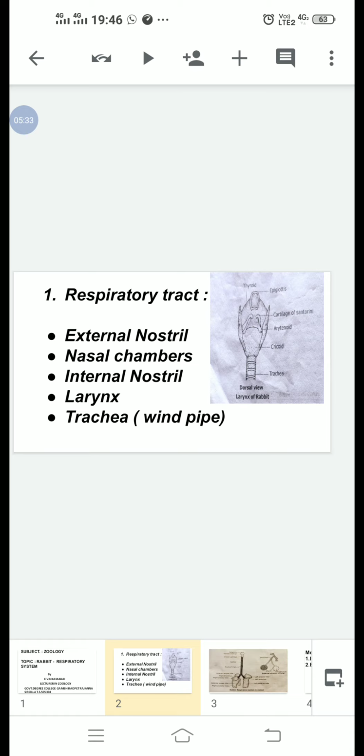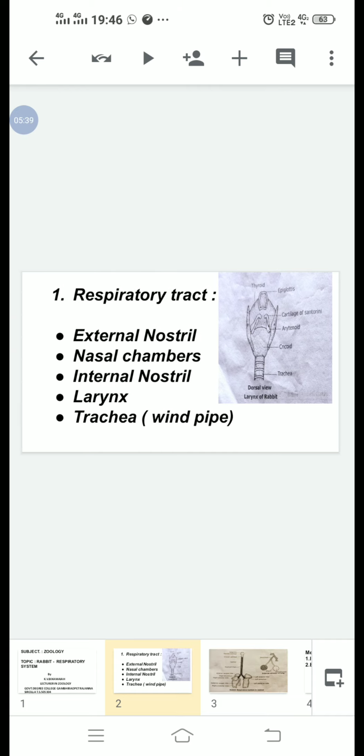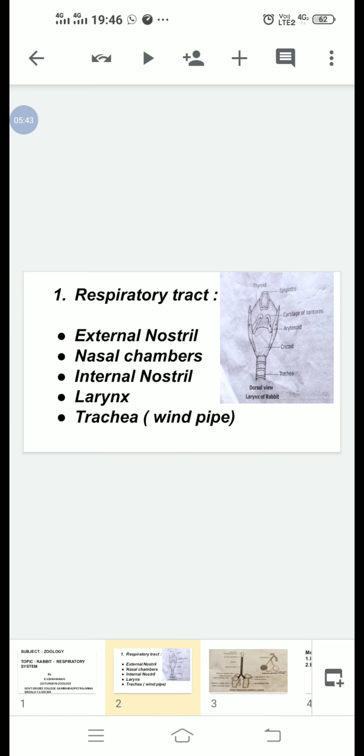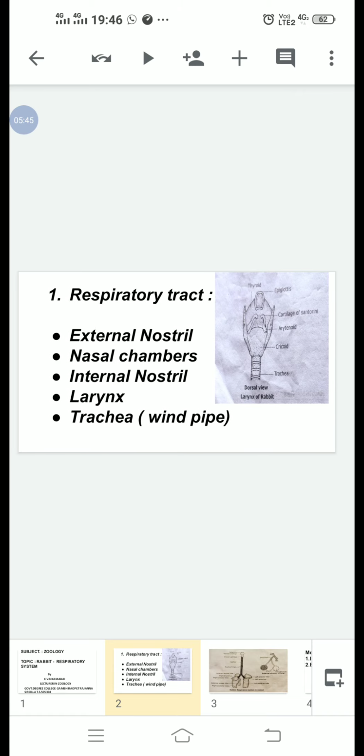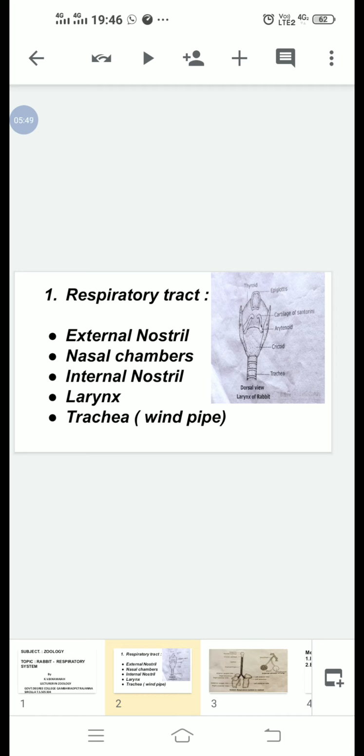Next, pharynx. The region of the pharynx where the internal nostrils open is called nasopharynx. Pharynx is a common passage for food and air.